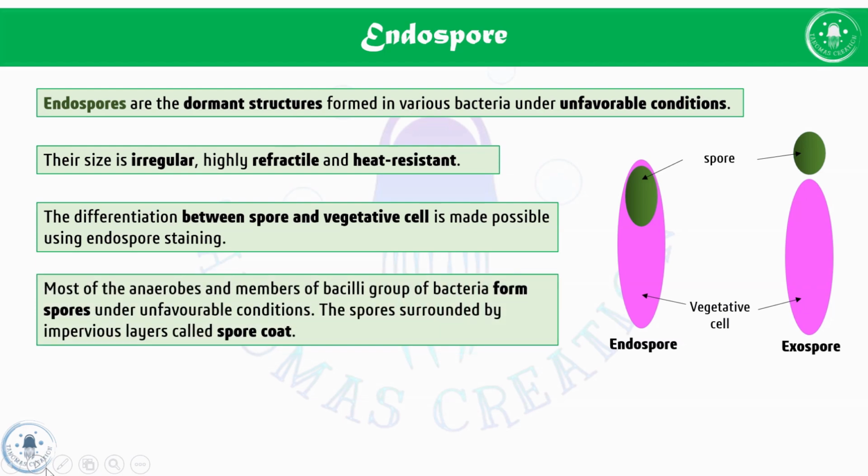Now, not all bacteria form spores. Mostly anaerobes and some members of the bacilli group form these spores, endospores or exospores, and this happens during unfavorable conditions, when the conditions are not right. When these spores are formed, they are surrounded by many impervious layers, which are called the spore coat.